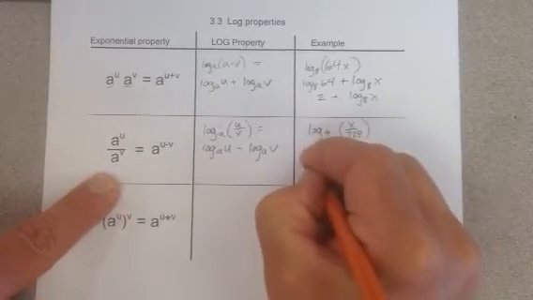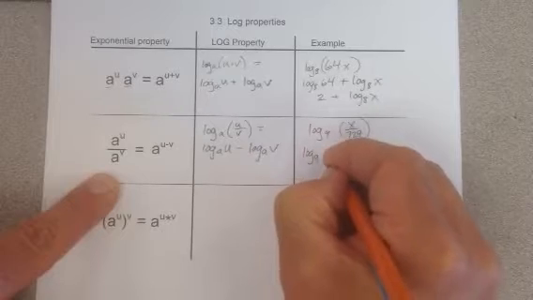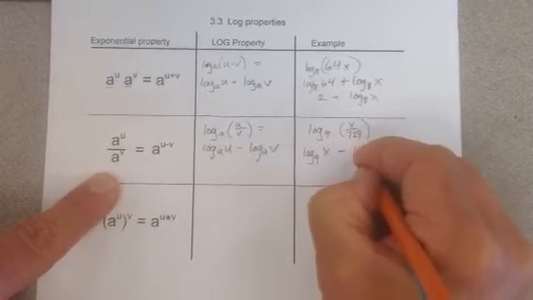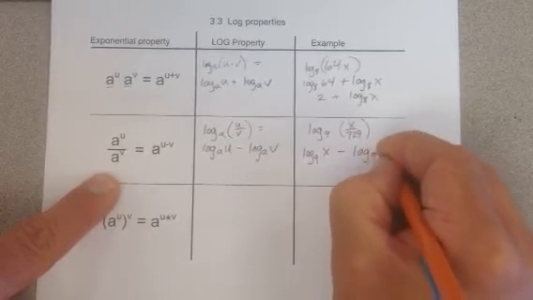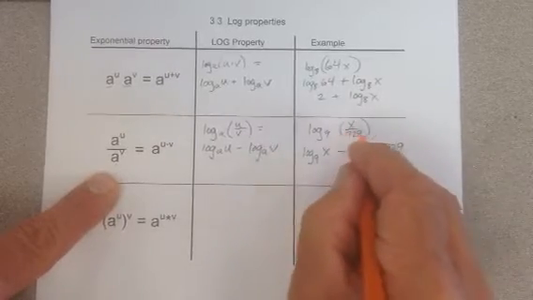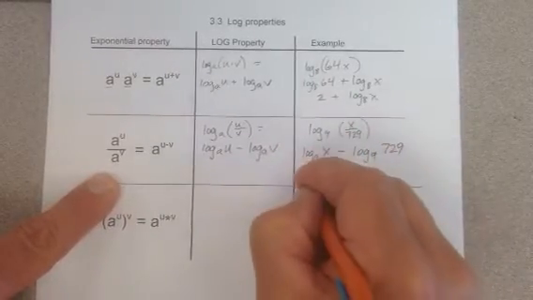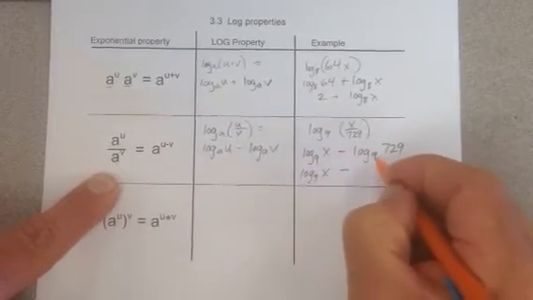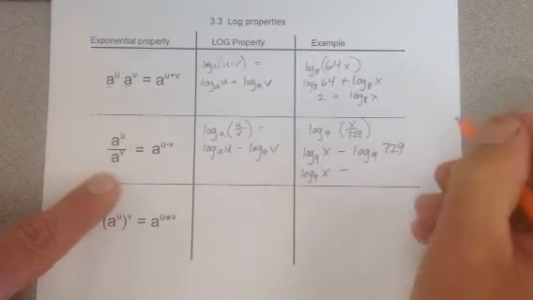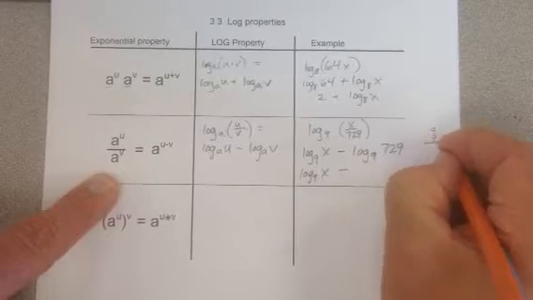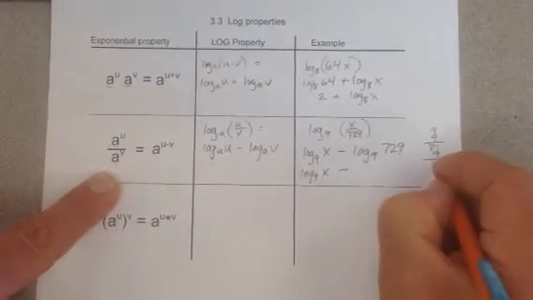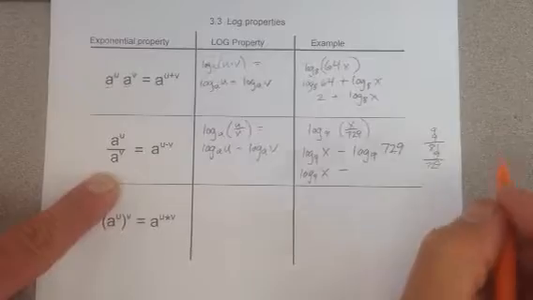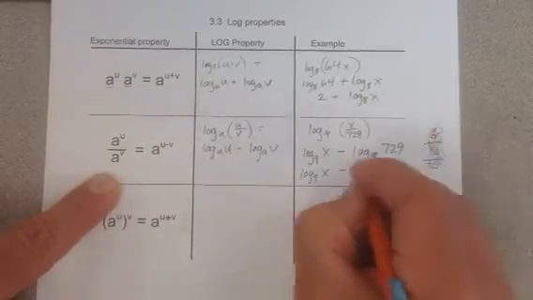I can rewrite this as log base 9 of x minus log base 9 of 729. Division can be rewritten as subtraction, which can be turned into log base 9 of x minus 9 to what power is 729. 9 times 9 is 81 times 9 is 729, so it's 3.